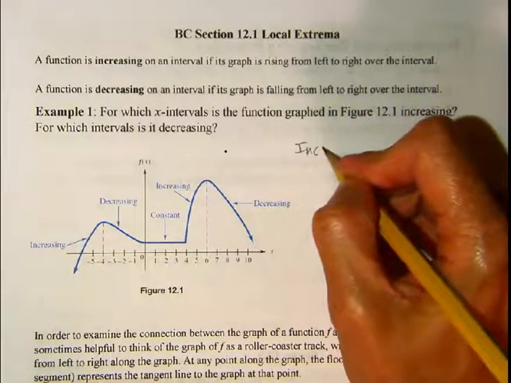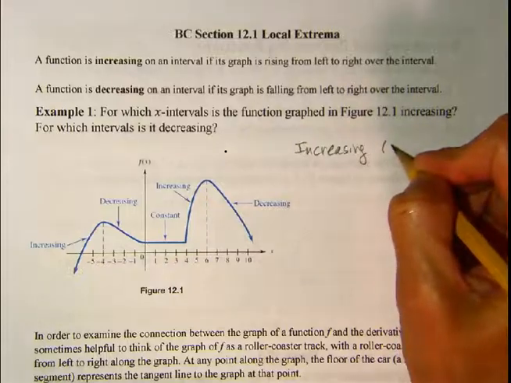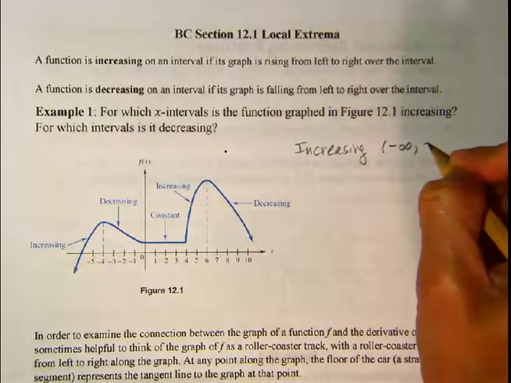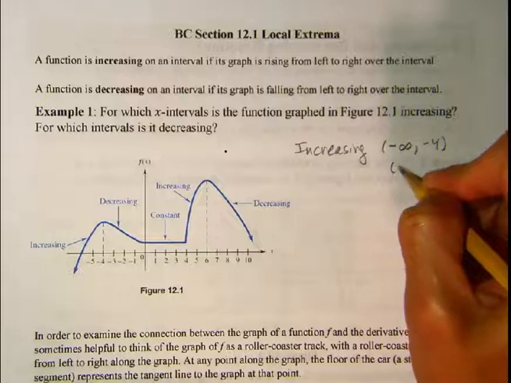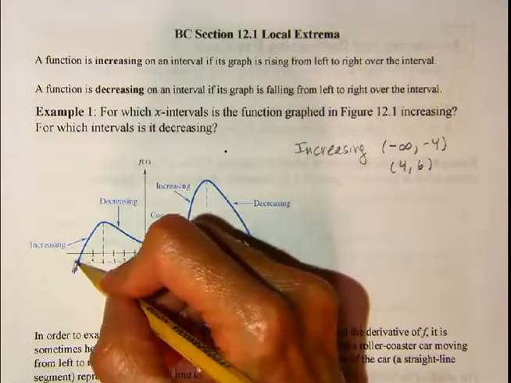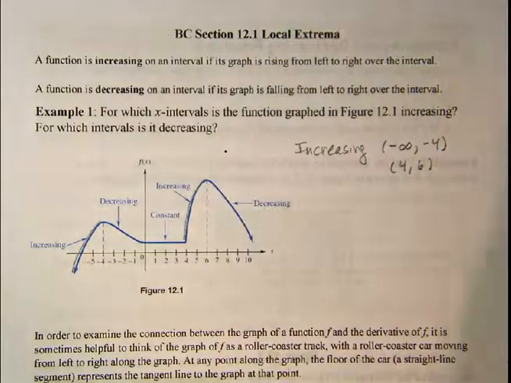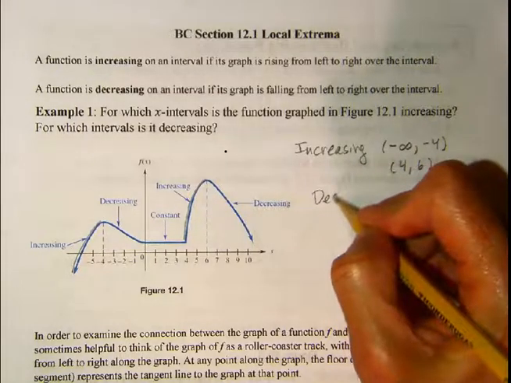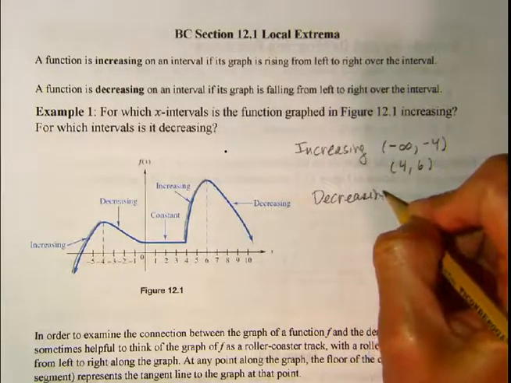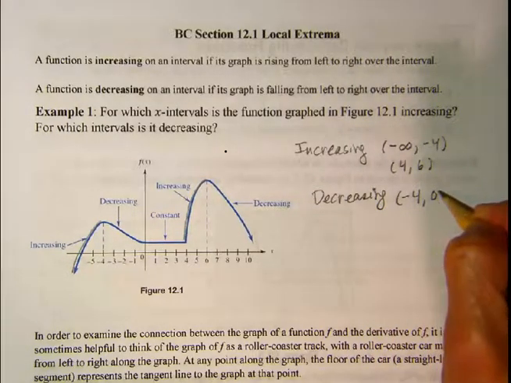So this is increasing on the interval from negative infinity to negative 4, and then again from 4 to 6. So I'm looking at this portion, it's increasing, and then this portion, it's increasing. Notice that it's decreasing on the interval from negative 4 to 0.